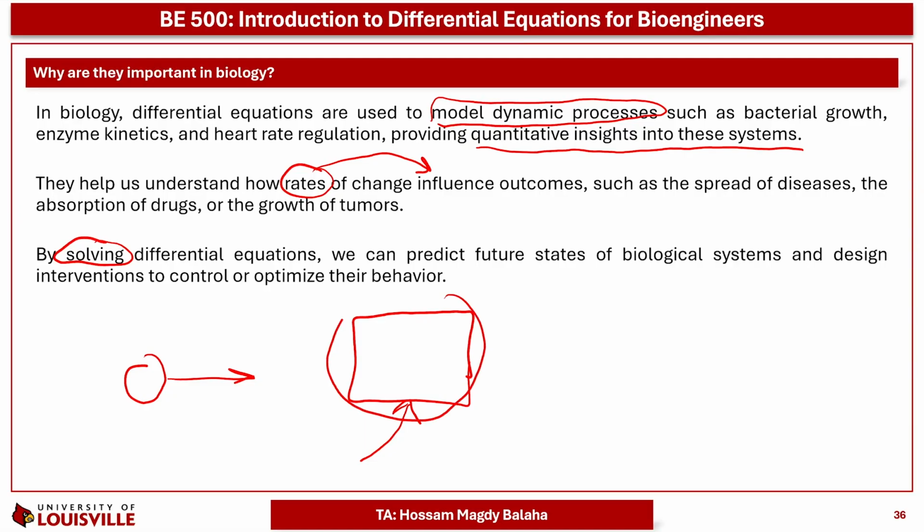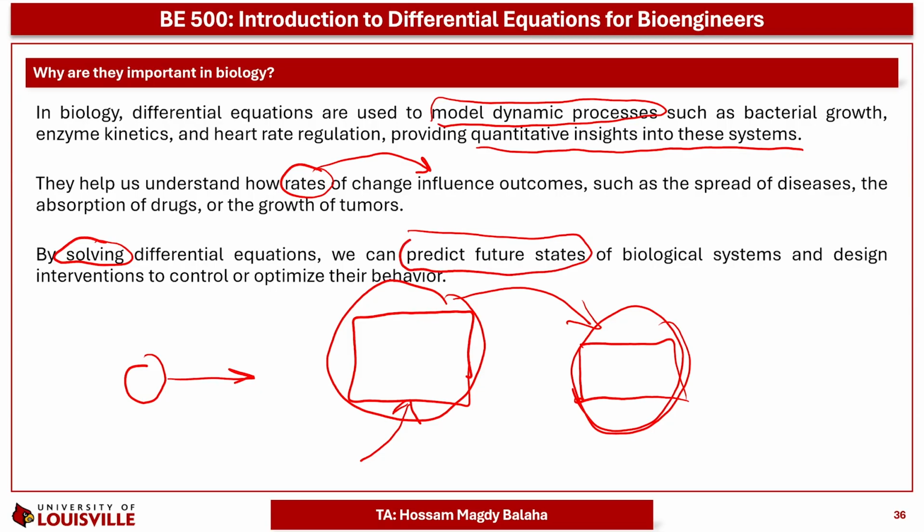Based on that categorization, we will know how to solve it. So we can convert it from a differential equation to a normal equation in the time domain, for example, and based on the retrieved equation, we can predict future states of the system.